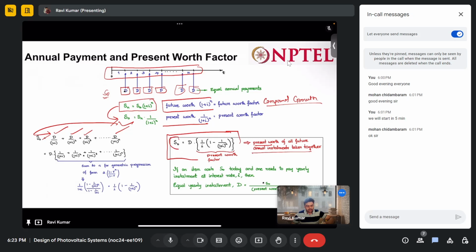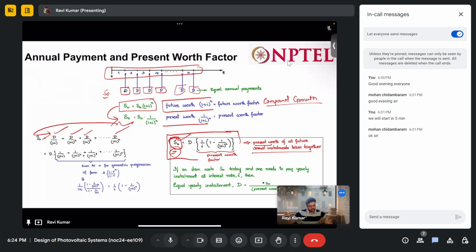This is the amount value today which you are going to pay until the nth year while you are paying D amount annually. This is the value of the total amount today, not after 5 years, not after 2 years. It is the present worth.